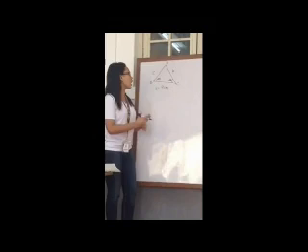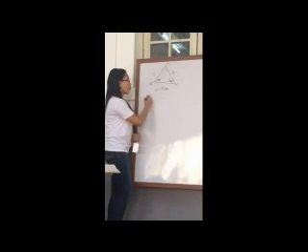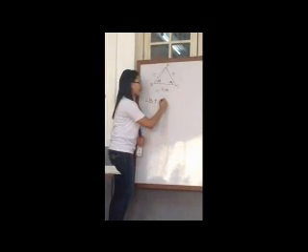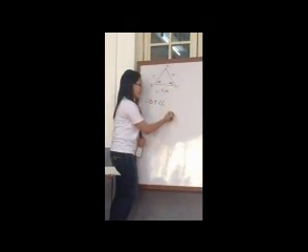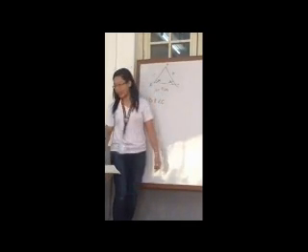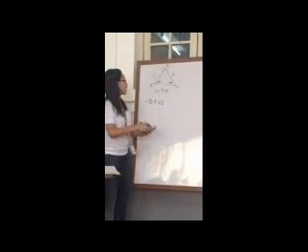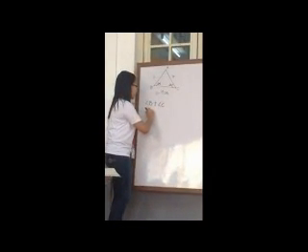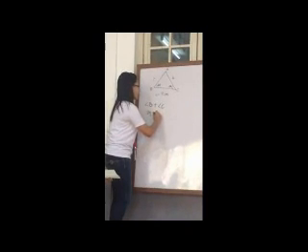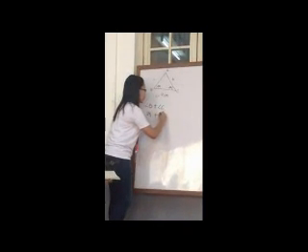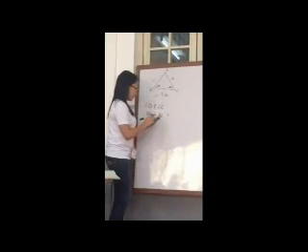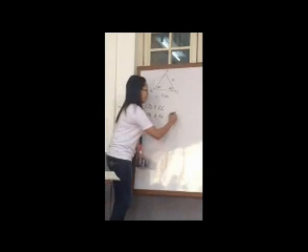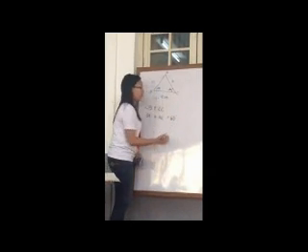So we need to add angle B plus angle C, and then substitute. Angle B is equivalent to 24 degrees and angle C is equivalent to 36 degrees, which is equivalent to 60 degrees.